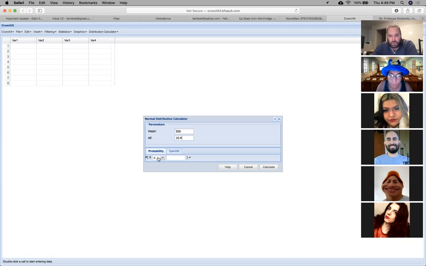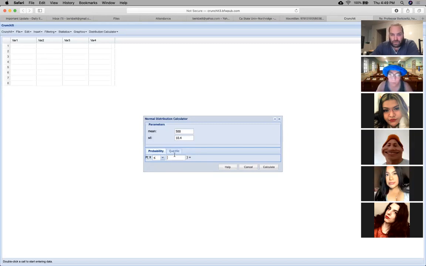Do we want less than or greater than? And in either way, less than or greater than what? 505. So we want less than 505 or greater than 505? Less than.